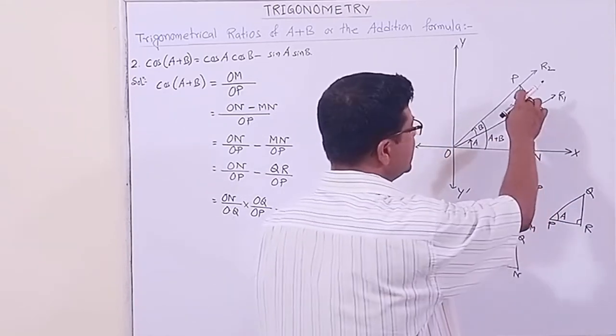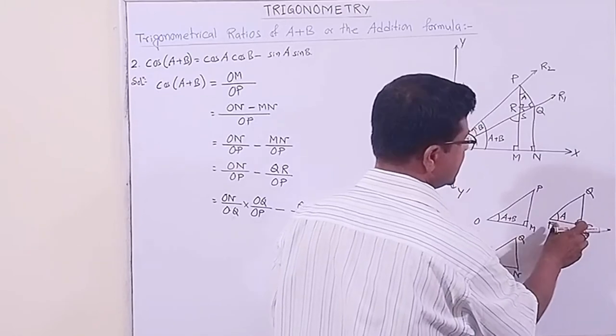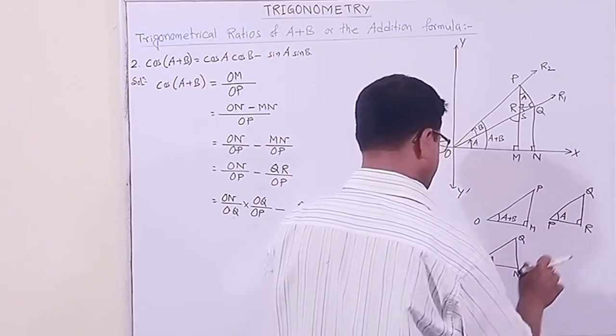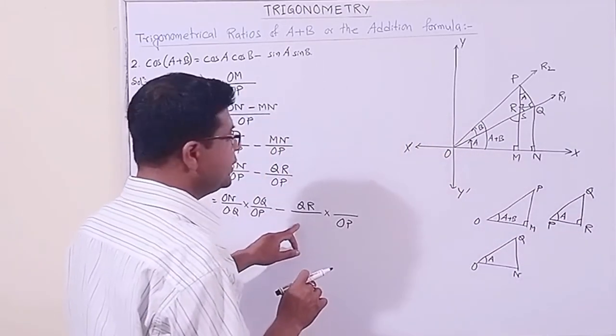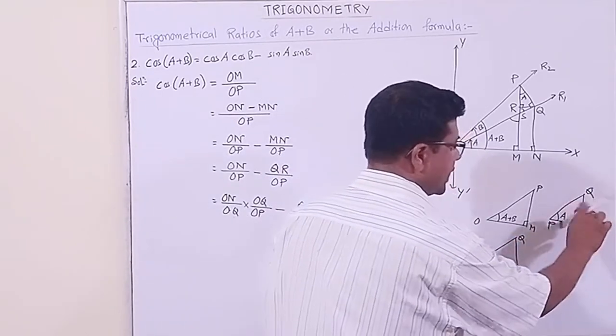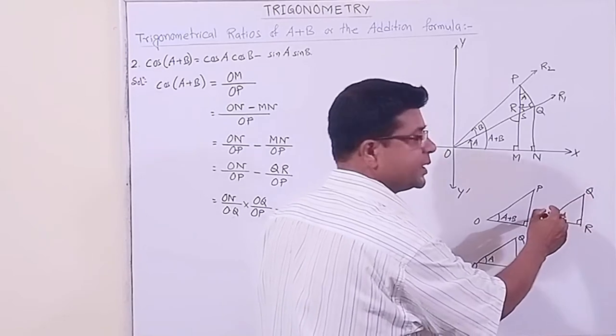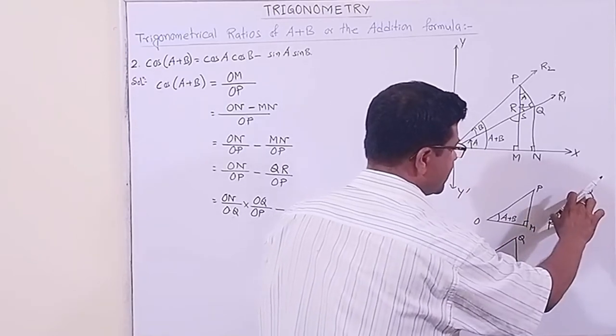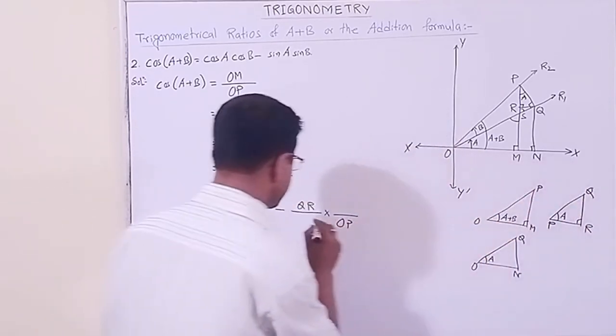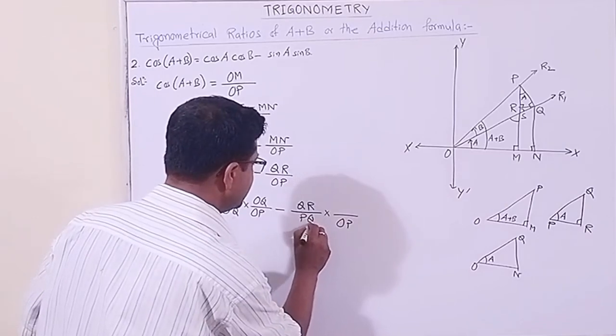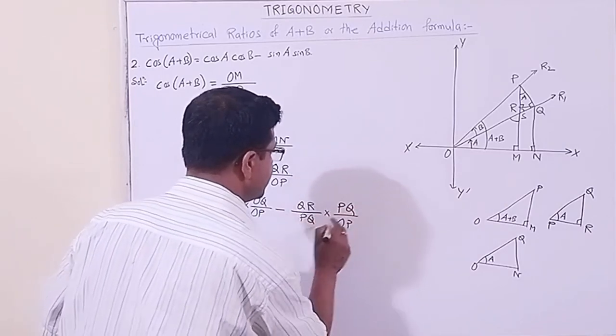Why have we rotated? Because this should come at the base, so that it is easier to find the ratios. QR is perpendicular. We need the hypotenuse to get sine: perpendicular by hypotenuse. What is the hypotenuse here? PQ. So here we shall divide by PQ, and again multiply by PQ.